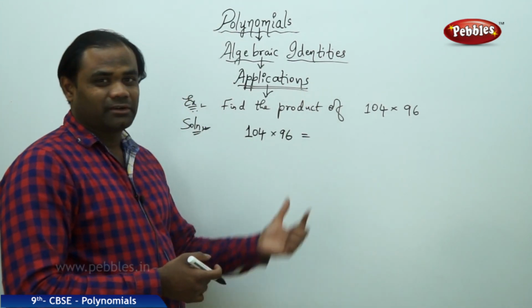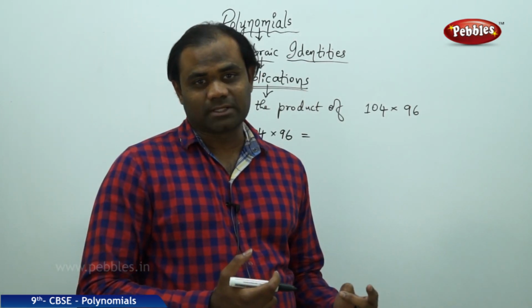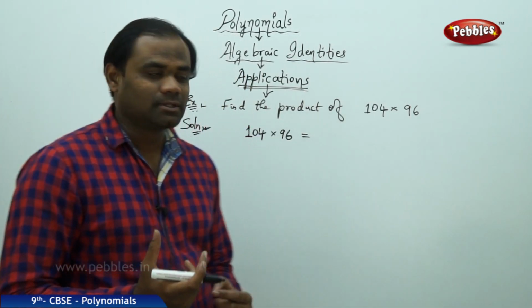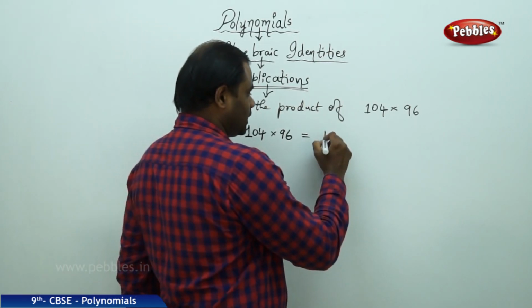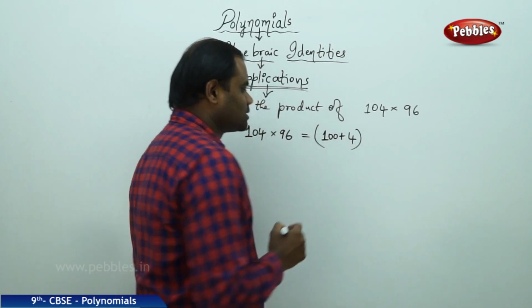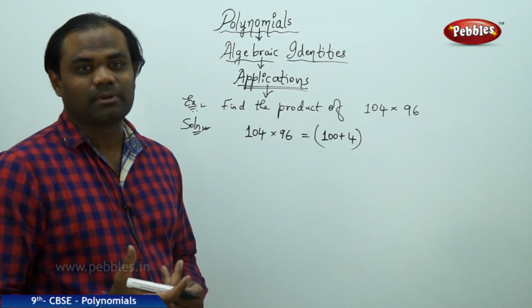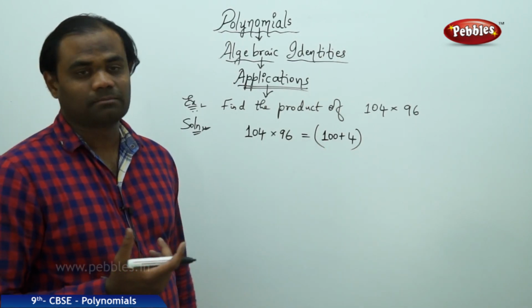Generally in these kinds of problems we try to express through the standard numbers. 104 I can express in standard form as 100 plus 4, so that this 100 is easy to multiply or even to divide or add with other numbers.